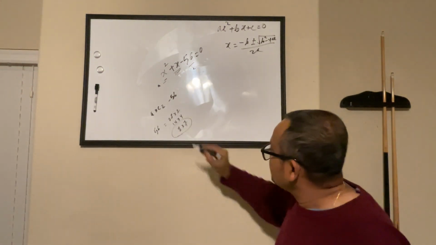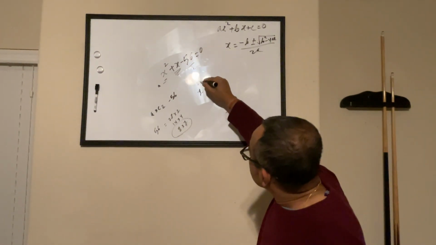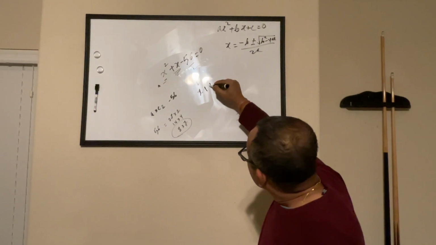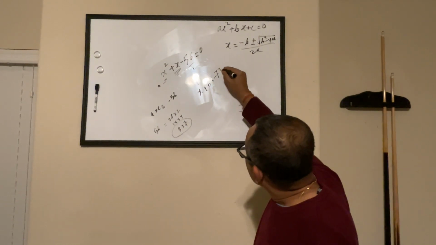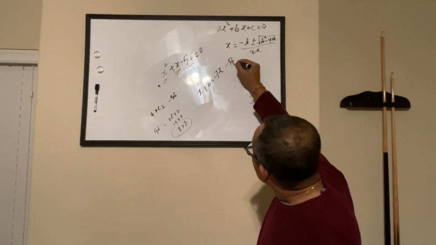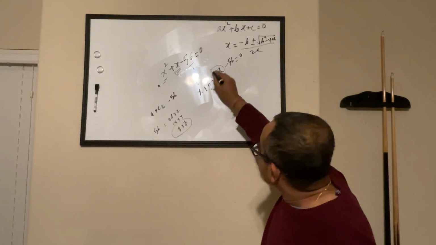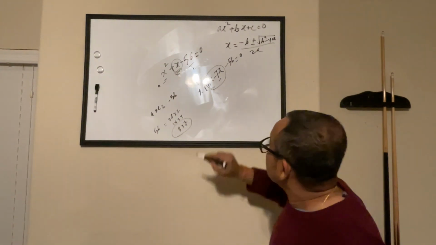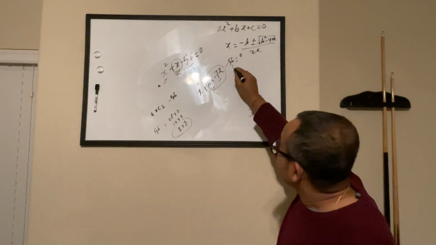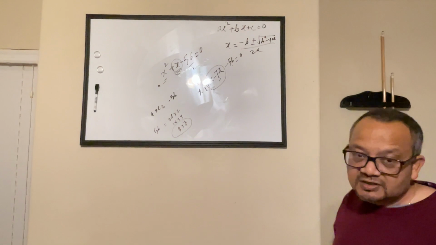8 and 7. Yeah. So you can write this as x squared plus 8x minus 7x minus 56. Why did I choose 8 and minus 7? Because 8 minus 7 will result in x, which is equal to this, and then 8 times 7 is minus 56. So this is the right thing, right?